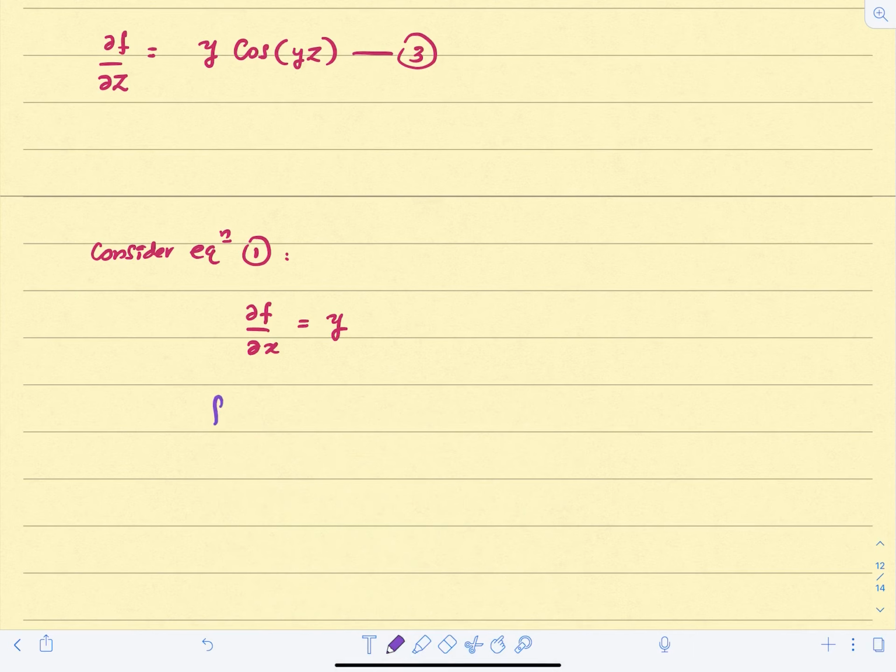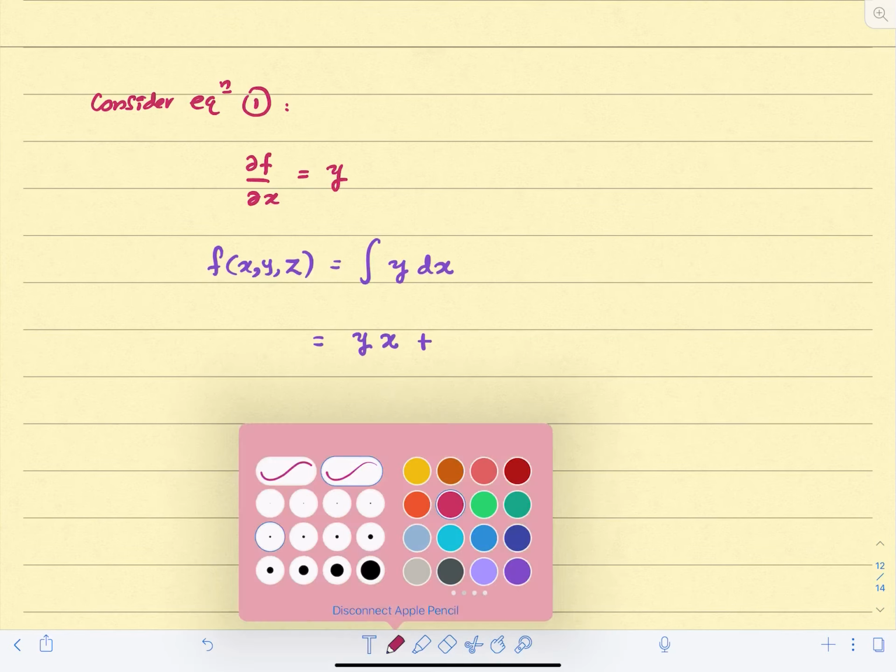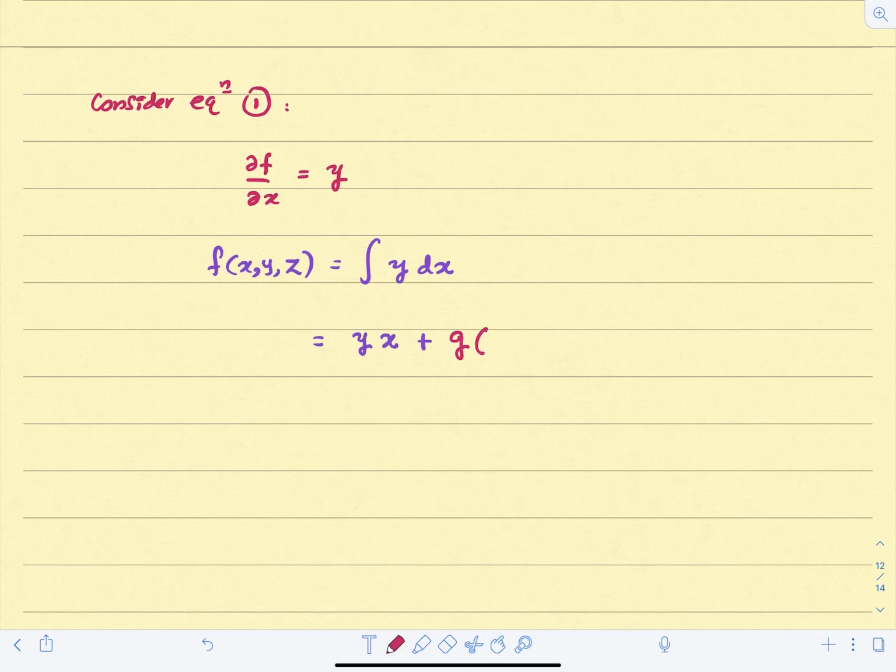If you do that, you will get f of x, y, z. In general, this little f can be a function of x, y, and z. So my little f equals the integral of y dx. If you integrate y with respect to x, y is treated as a constant, so you get y times x, plus a function g, and g can be a function of y and z only.